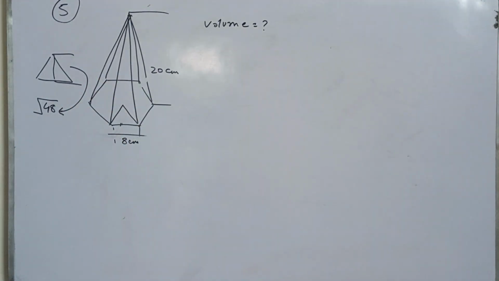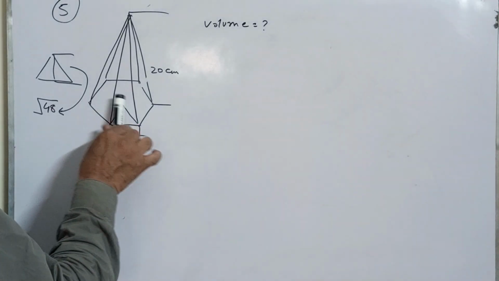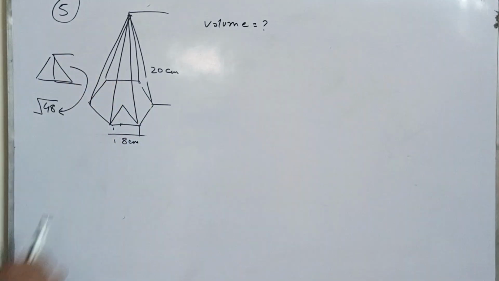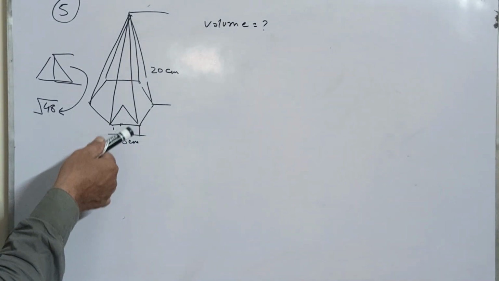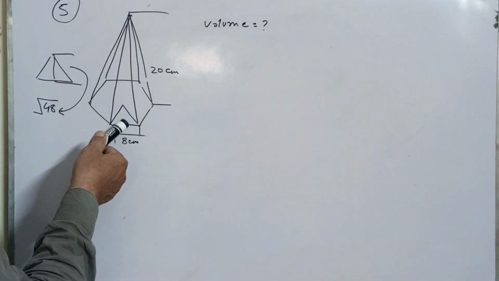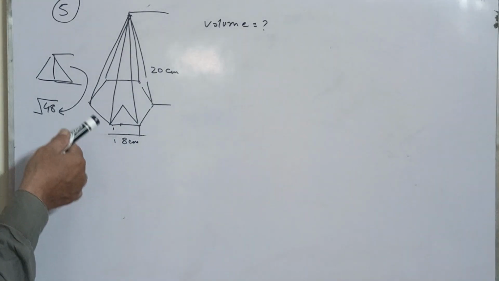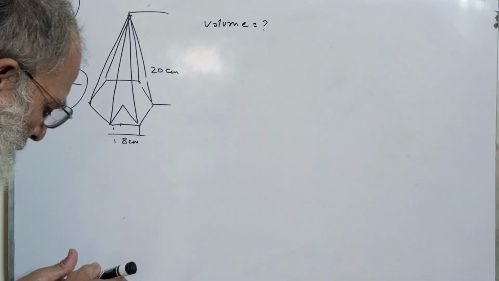There are 6 triangles, 1, 2, 3, 4, 5, 6, because it is a hexagonal base, and for the hexagon we have to find the area. So how will we find it?